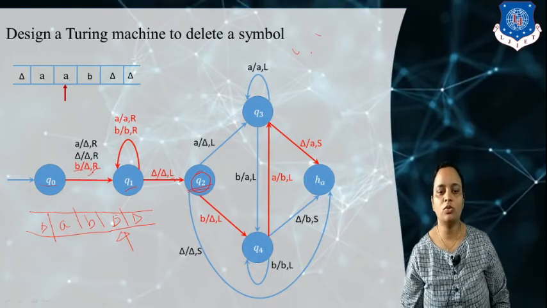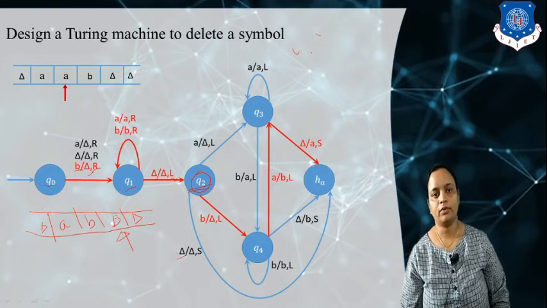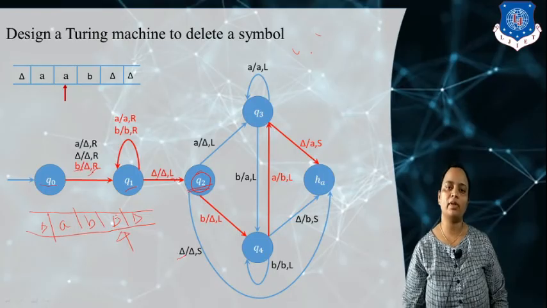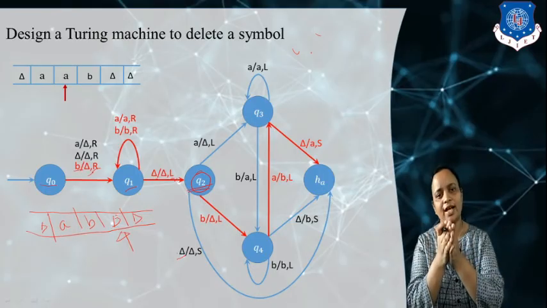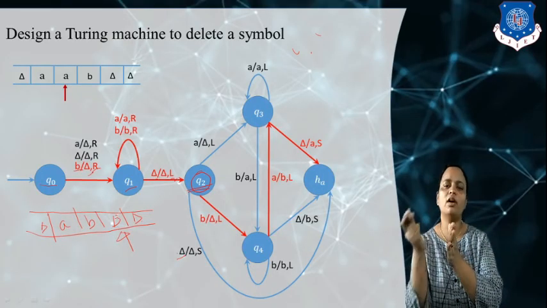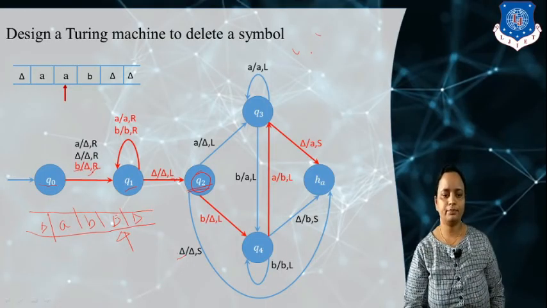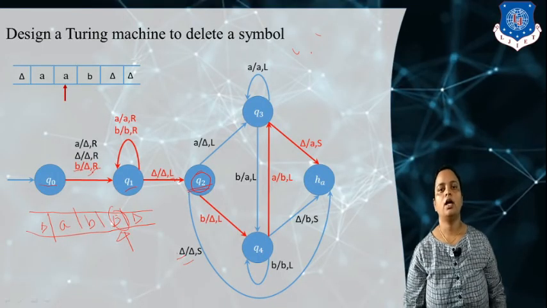That's why at Q2 state the delta is read. It means that we do not need to perform a shifting operation, because if it is the last symbol, there is no need to perform a left shift. So we need to stop over here and move to the accepting state.